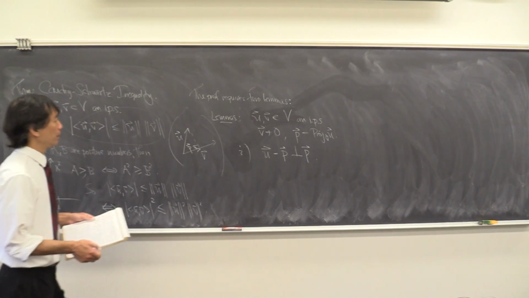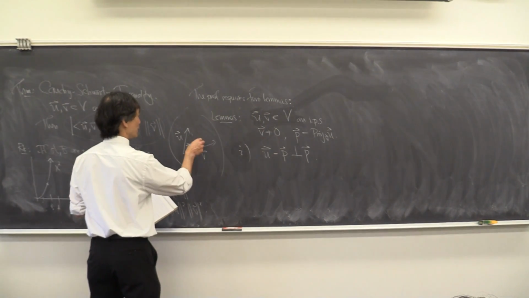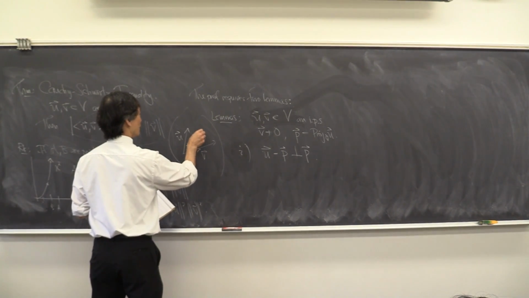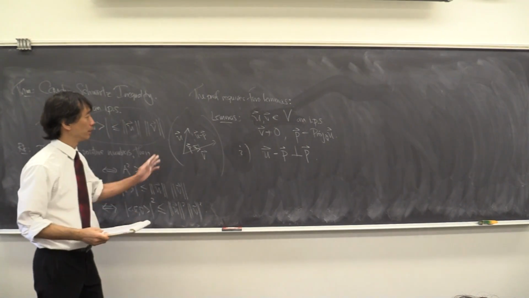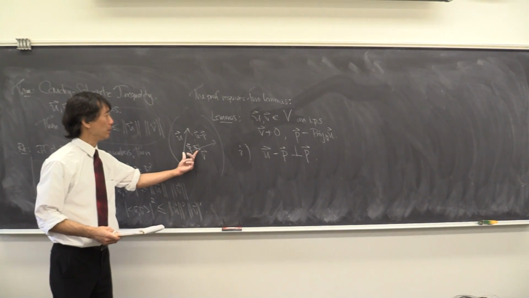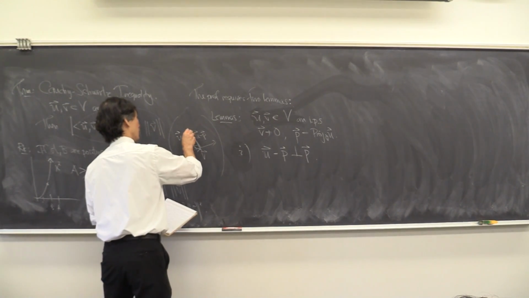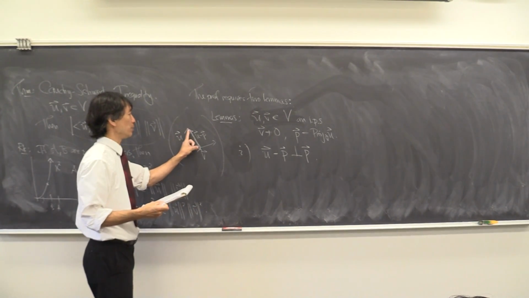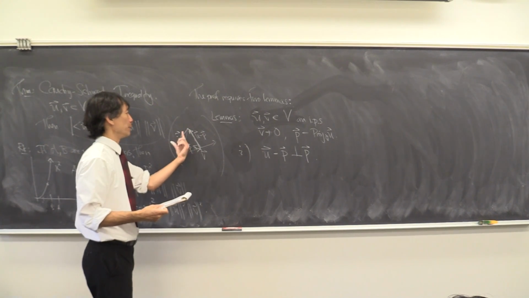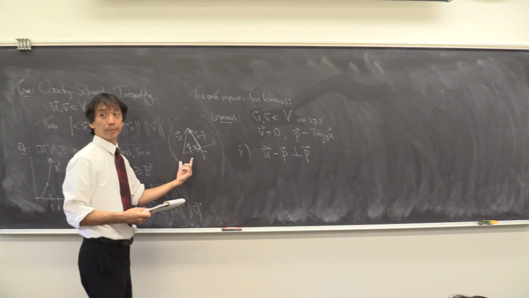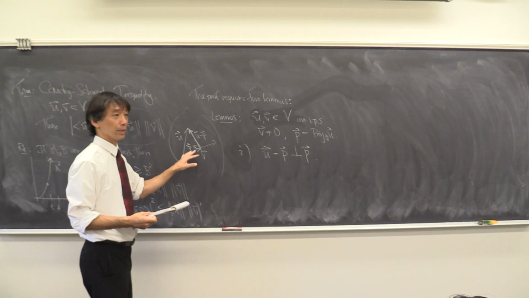In the picture, which doesn't exist, this is P, this is U minus P, and then add them together and you get U. Is that okay?